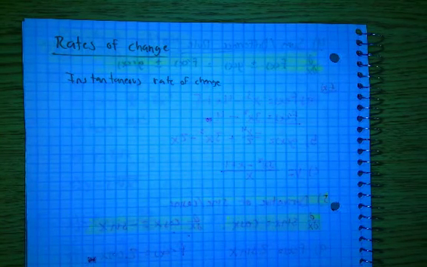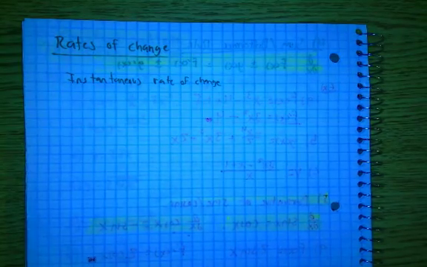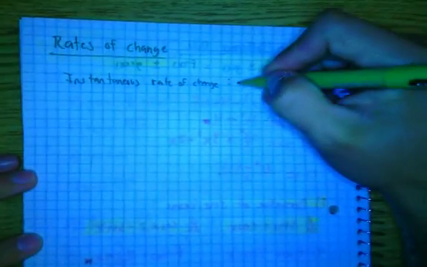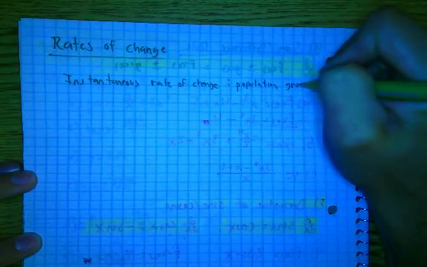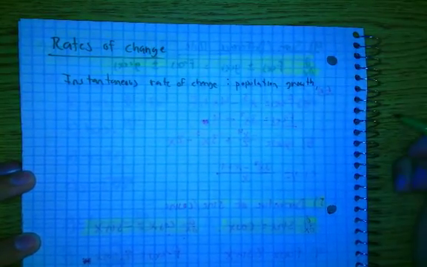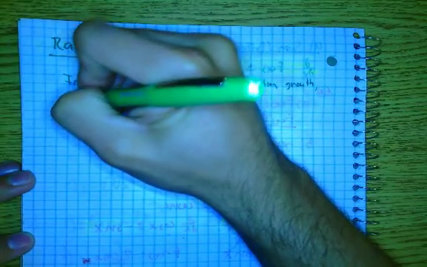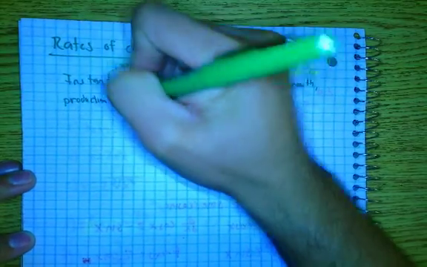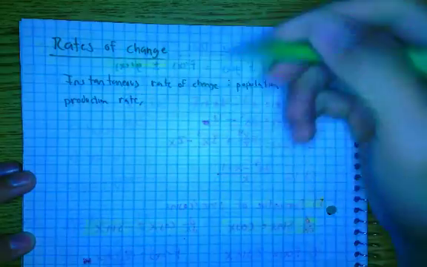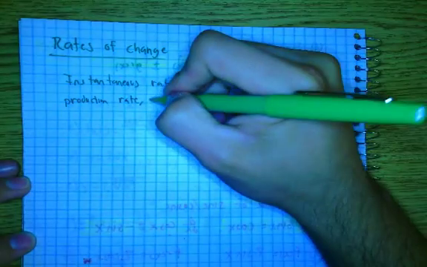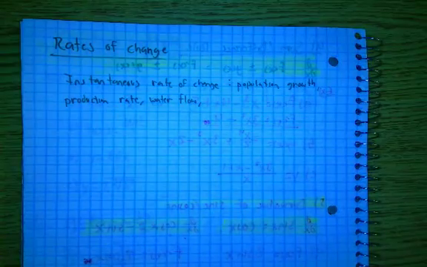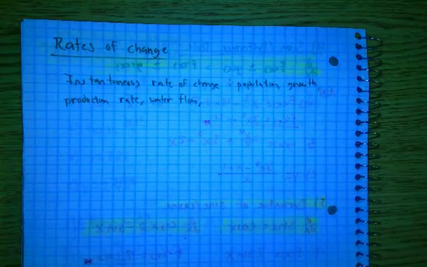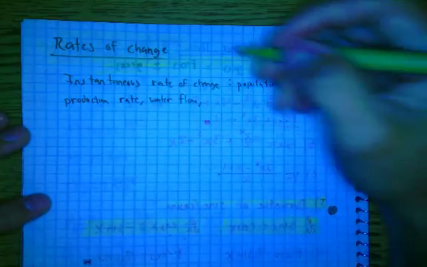So some of the things you're going to be dealing with are, for example, population growth, a production rate, and you don't really have to write this down. I'm just letting you know what we're going to be dealing with. Water flow, like as you're pouring water into a pool, maybe. Velocity, that's a big one, and acceleration.